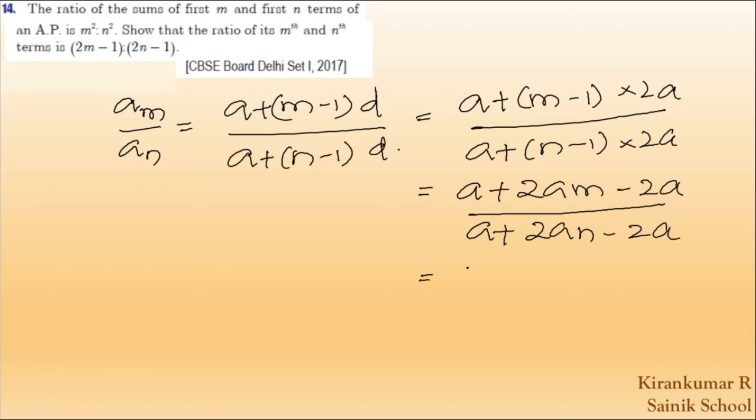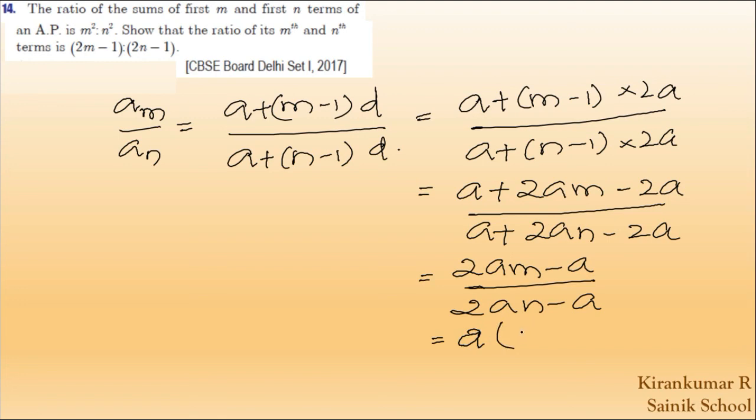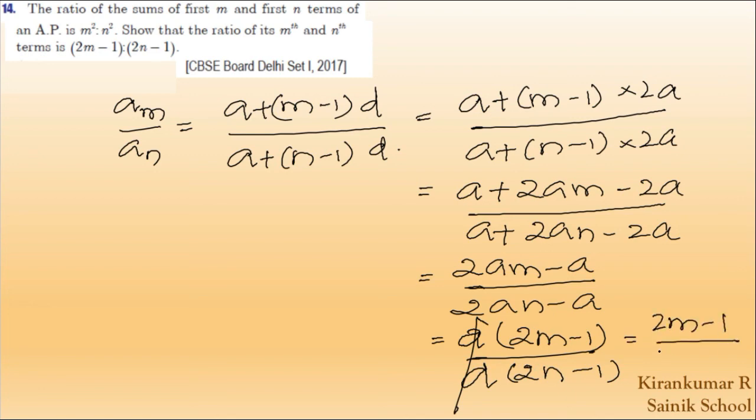So we get 2am minus a divided by 2an minus a. I can take a common. I'll be getting 2m minus 1 divided by, again a common, 2n minus 1. A gets cancelled and the required ratio is 2m minus 1 is to 2n minus 1. Hence we have proved.